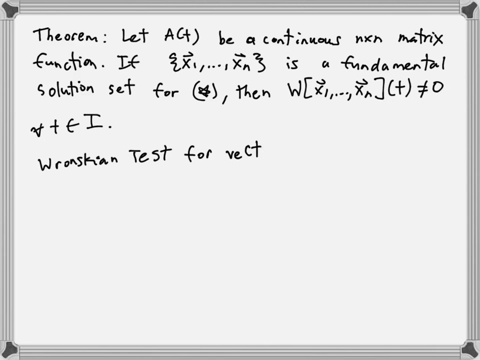Actually, let me write it this way. The Wronskian test for homogeneous vector differential equations. So first thing you're going to do, and by the way, let me just write out what we're solving here.